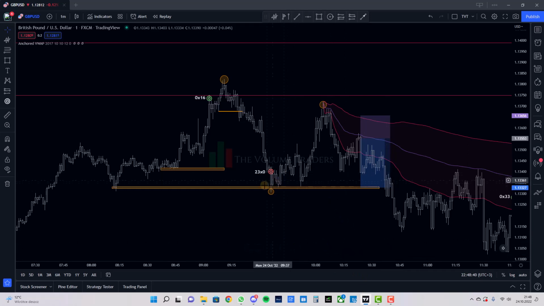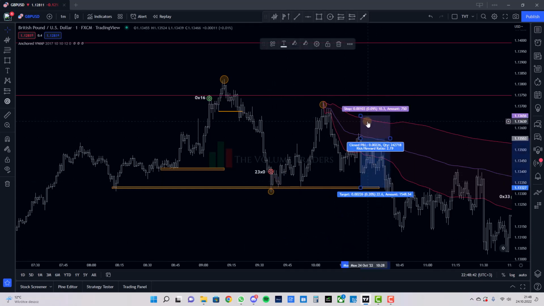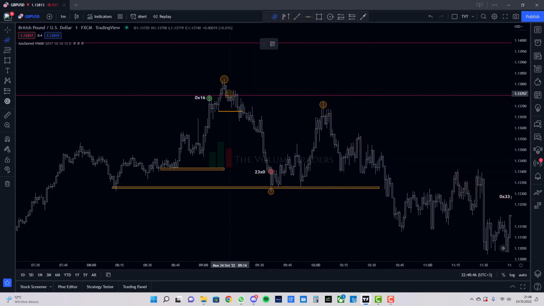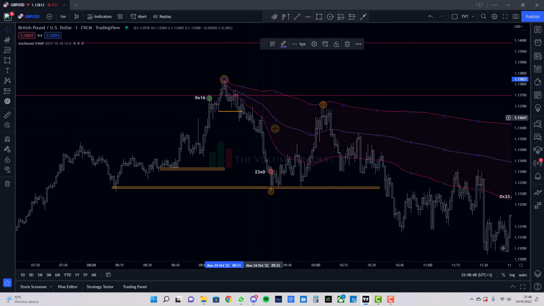But I also marked here some setup. Yeah, so let's take a look. Let's say that I'm still waiting for my sell, but then I see that this equal lows is taken. Price left the bearish imbalance 23 to 0, so it's over 1 million in the market, and it's broken.